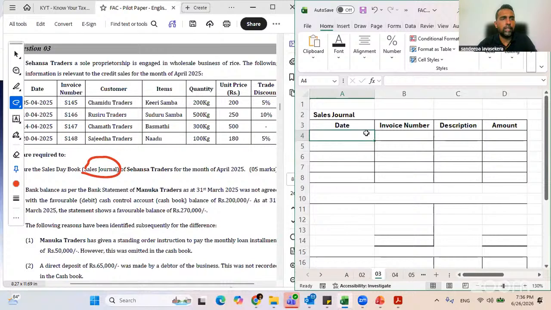Let's look at the first one, for 5th of April. Invoice number S145, Tamidu Traders.